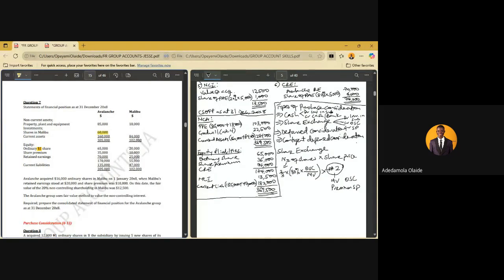So for deferred consideration, what does it mean to defer something? Deferring something just simply means we are paying at a future date. Whenever we are paying at a future date, we'll pay higher than what we are supposed to pay because of what we call time value of money.